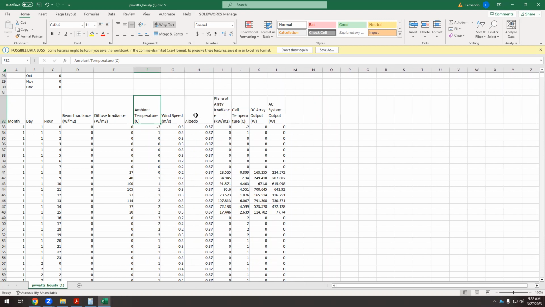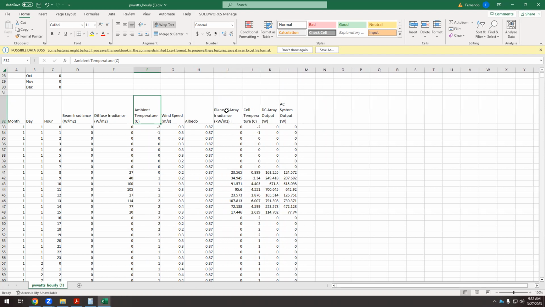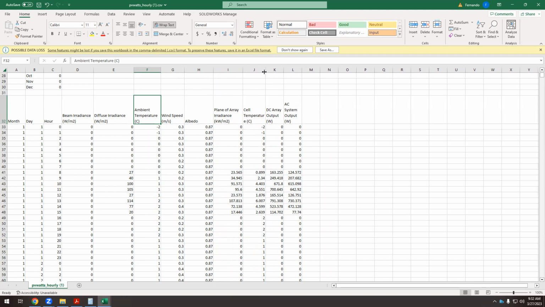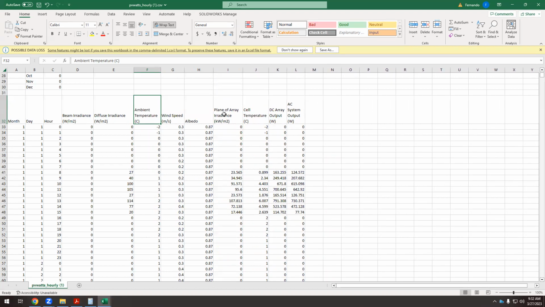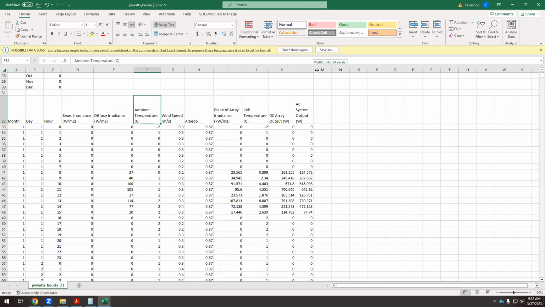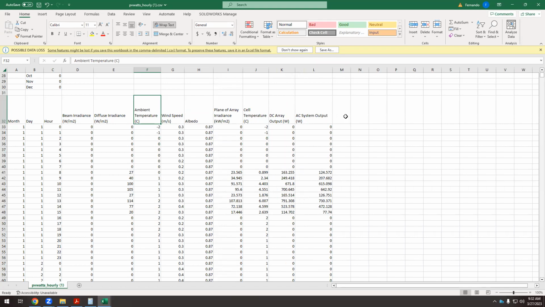We have this albedo, which is the reflected solar radiation. This is the irradiance on that plane of the array. This is the cell temperature. The cell temperature is affected by the solar radiation, the ambient temperature and the wind speed. And that's the DC and the AC system output. Okay.